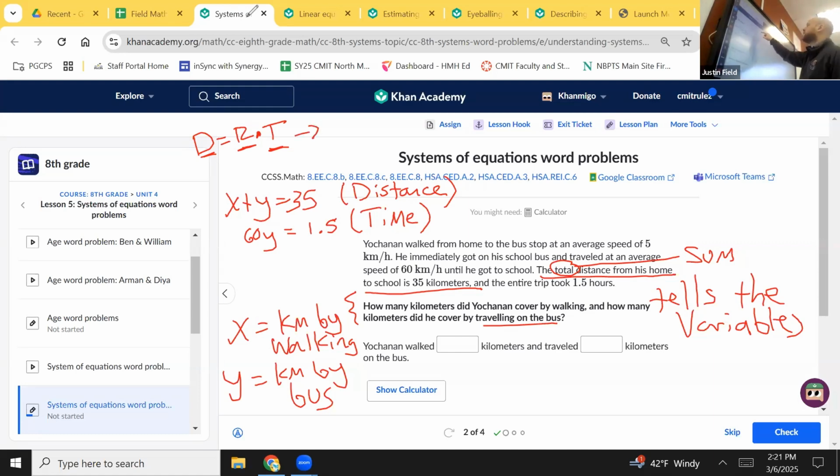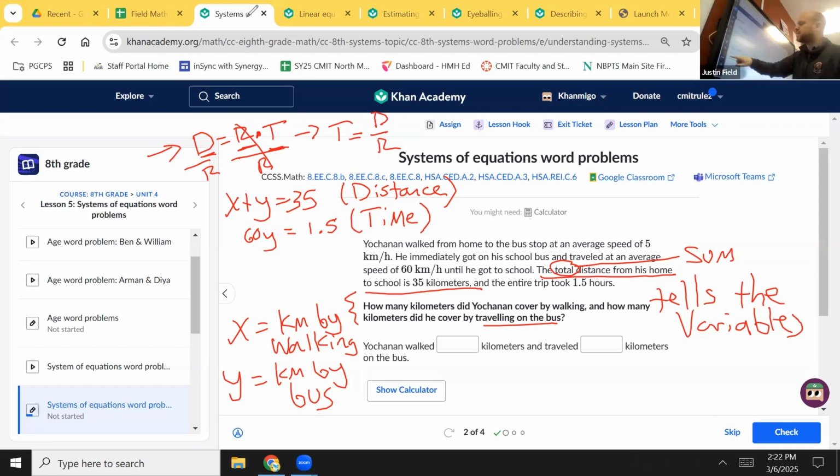I know that because d equals rt. That means t equals d divided by r, right? If you take this formula from Mr. Wolf's class or Ms. Crespo's class, and divide both sides by r, then you get t equals d over r.